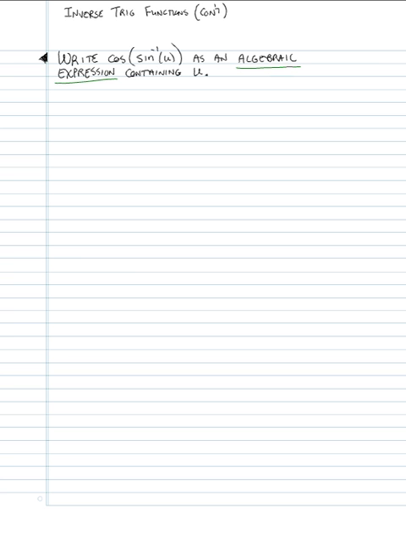And we approach this much like the ones we've been dealing with when we create this reference, representative right triangle. So when I'm looking at the cosine of the inverse sine of u, I once again remember that the inverse sine of u is really an angle, and I'm going to call it theta. Okay, so from that information, here's what I've got.